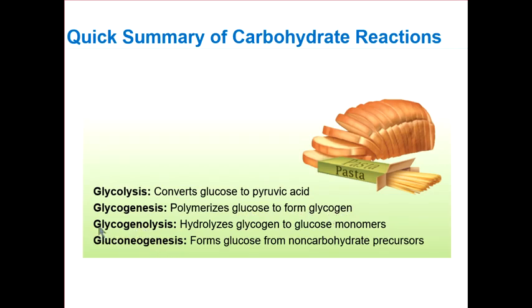Glycogenolysis, I'll say that again, glycogenolysis hydrolyzes, breaking down with water, glycogen, the polysaccharide, into simple components, the glucose monosaccharides. Gluconeogenesis forms glucose from non-carbohydrate precursors like amino acids or glycerol.